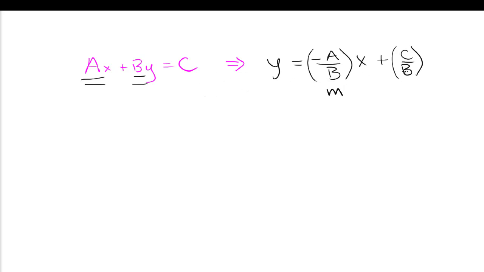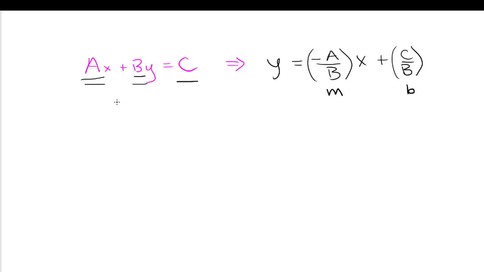And we can see c over b represents our little b, which is our y-intercept. So c is not directly the y-intercept, but it is only affected by the intercept. In other words, it shifts the line up and down and does not change the slope. The ratio of the x and y coefficients a and b, that changes the slope.